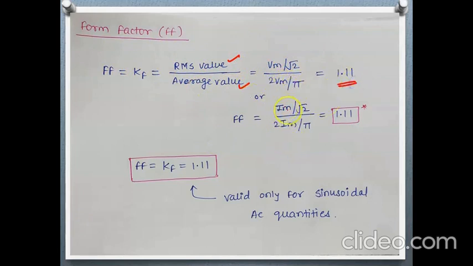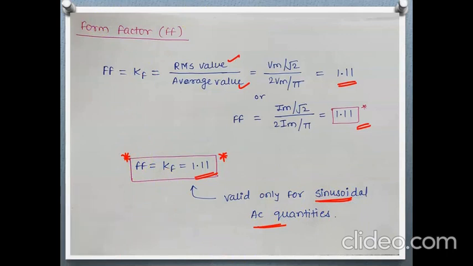If it is current, then Im divided by root 2 divided by 2 Im divided by pi. This is again 1.11. The form factor is denoted by Kf, which is 1.11 for a sinusoidal AC quantity. This expression is valid only for sinusoidal AC quantities. Okay, this is the form factor.